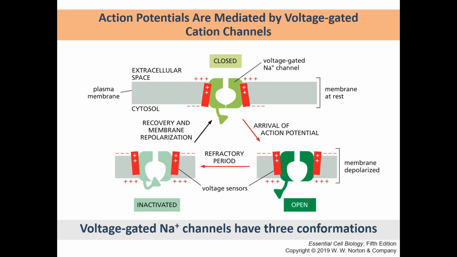Now, how they work is through action potentials that are mediated specifically by voltage-gated cation channels. So when we think cation, remember we're thinking about positive ions, so it would be your sodium ions, potassium ions, ions like that. And action potentials are specifically created through these voltage-gated sodium channels that can be in different conformations.